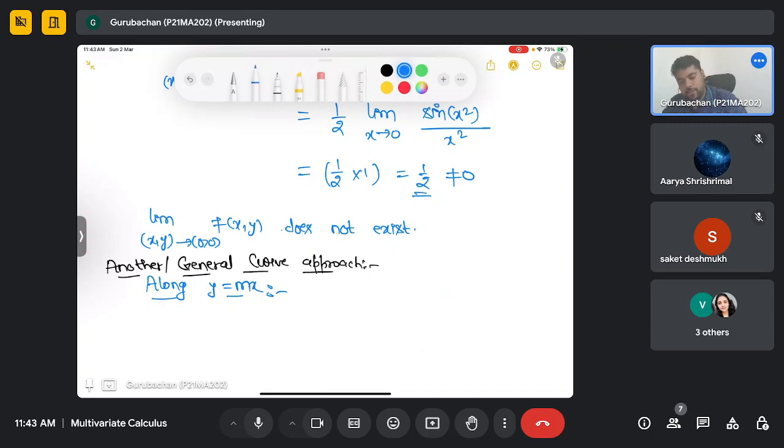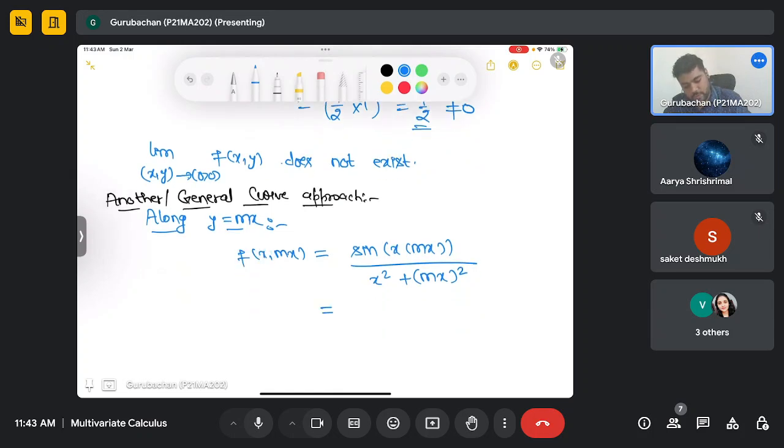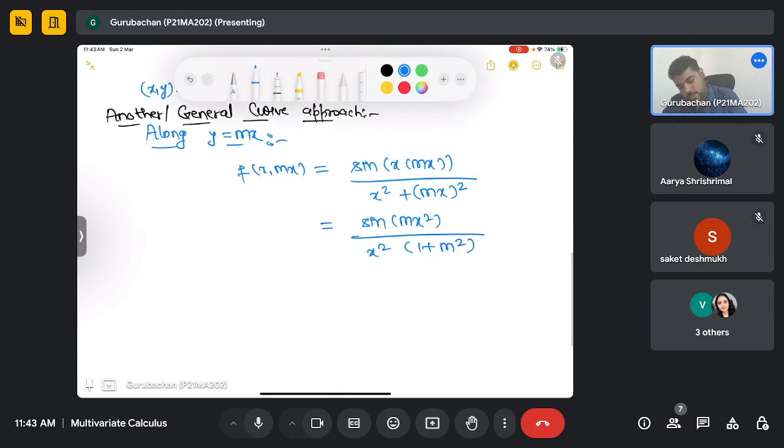If we take y equal to mx, then our function will become f(x, mx), which is sine of x times mx divided by x squared plus (mx) whole squared, which is sine of mx squared divided by x squared into (1 plus m squared).